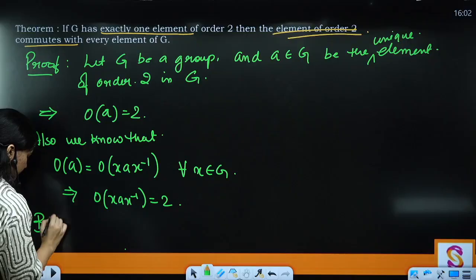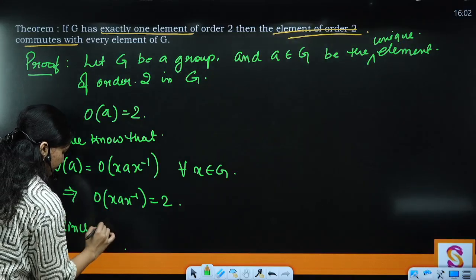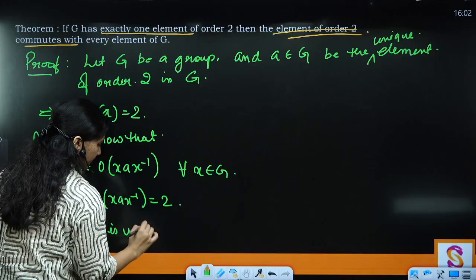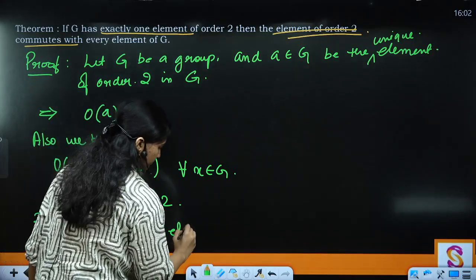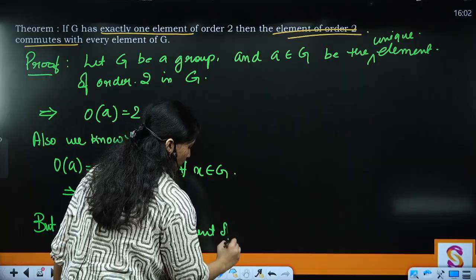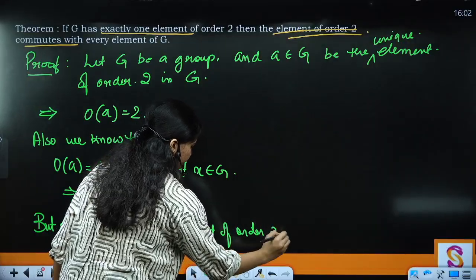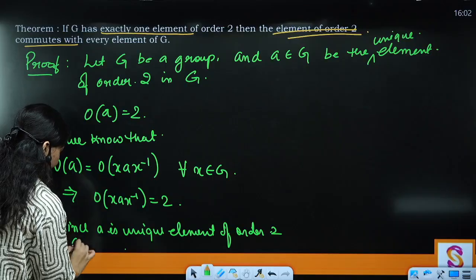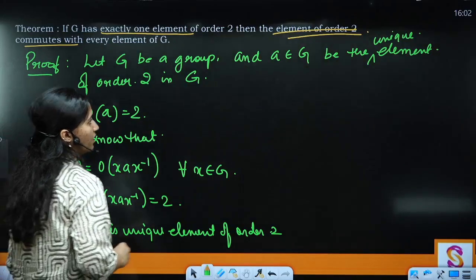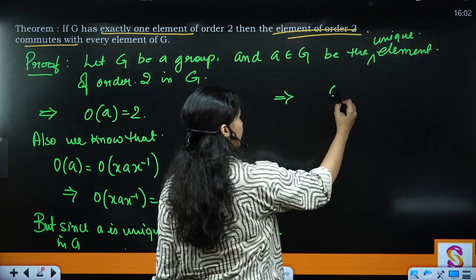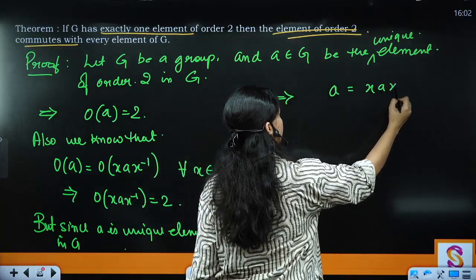But since a is the unique element of order 2 in G, this implies that a equals x a x inverse.